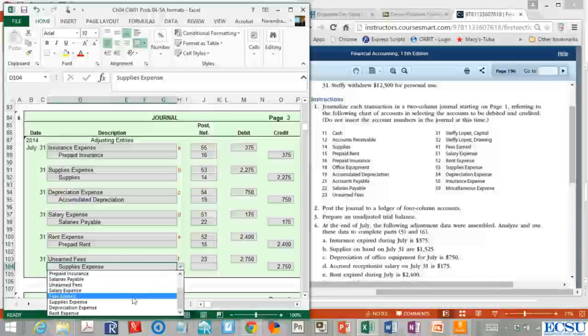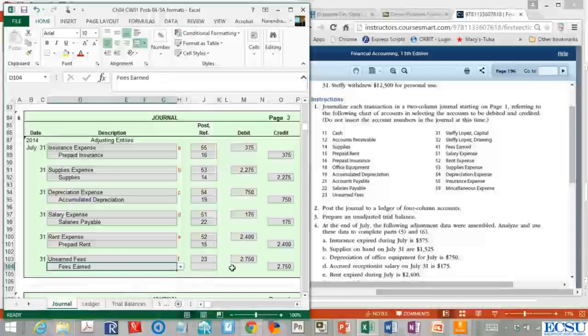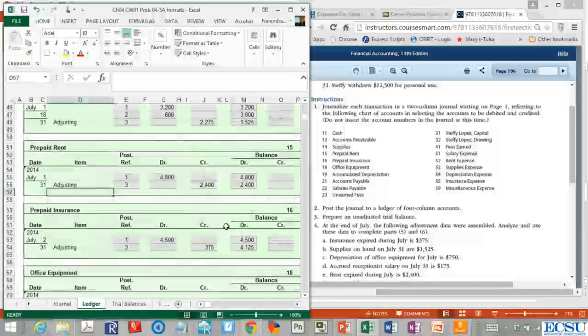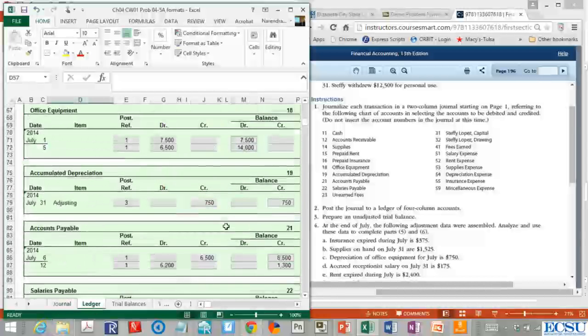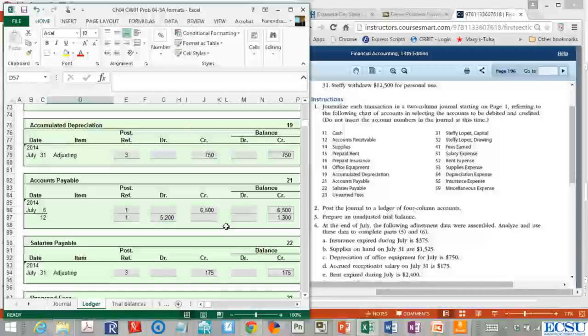Okay, so fees earned, so in this case the fees earned is 41. So now I go to ledger page 23, journal page 23, and then post that.